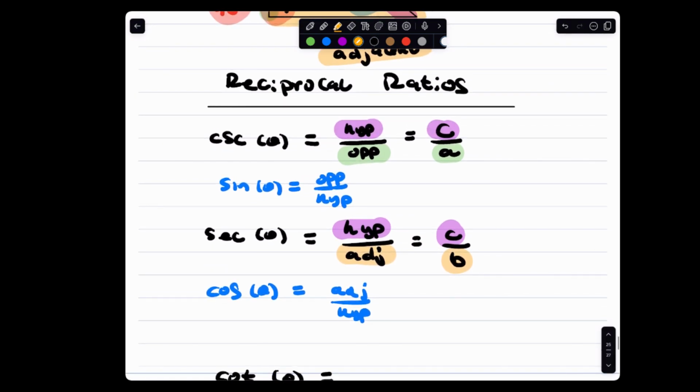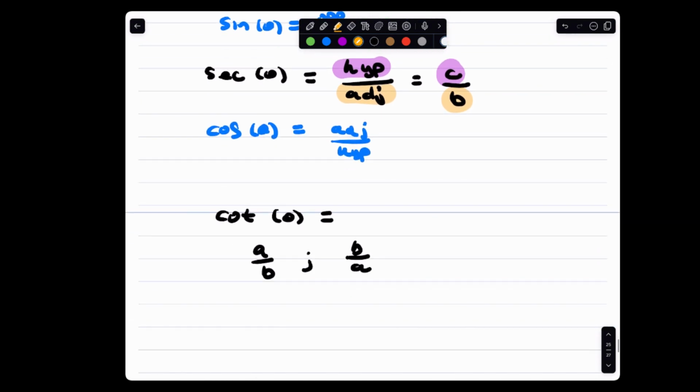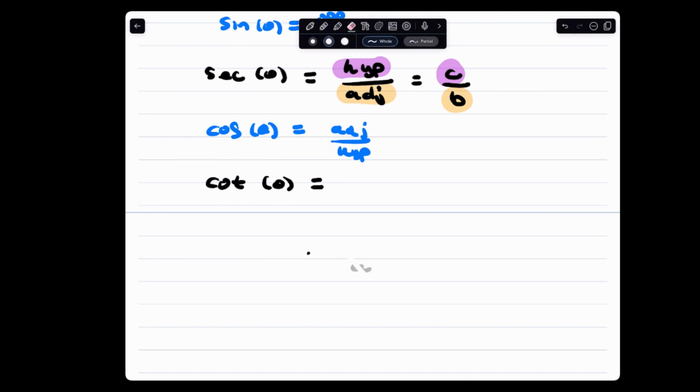Okay, you guys okay with that? What's the reciprocal of cotangent? Well, if you know tangent, you know cotangent. So here, we're going to say this. Tangent is opposite over what? Adjacent.